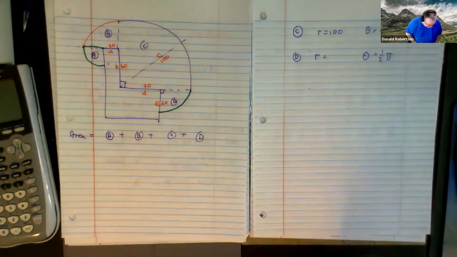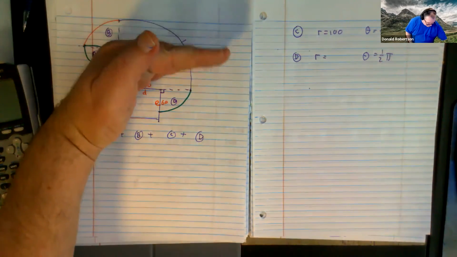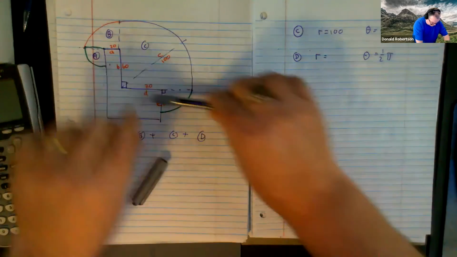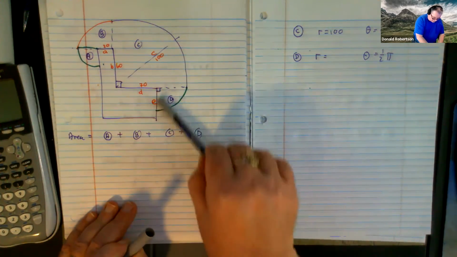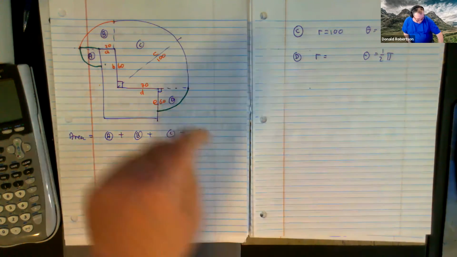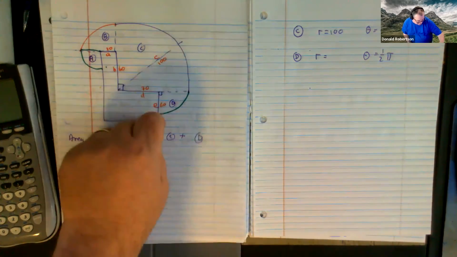But the radius is not 100. You got to imagine this rope reaching here, right? So it's now here. It's now here, right? Can you see that that's definitely not got a radius of 100? What is the radius of this little guy here? And by the way, it's not 60 either.